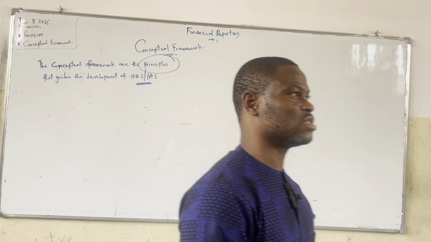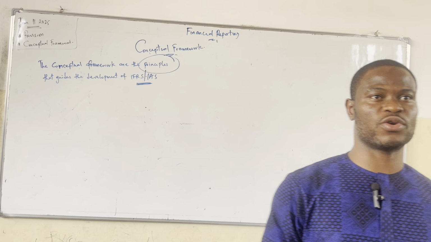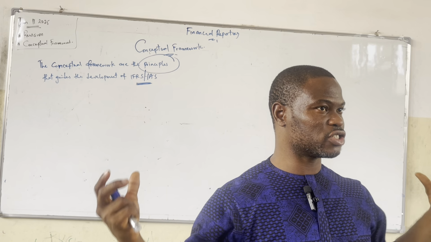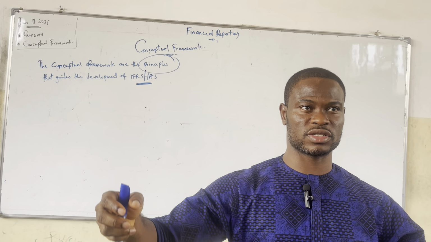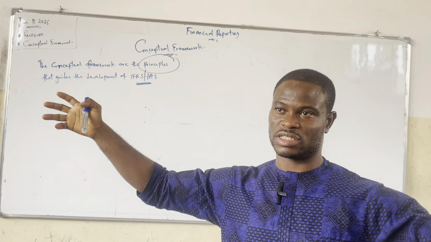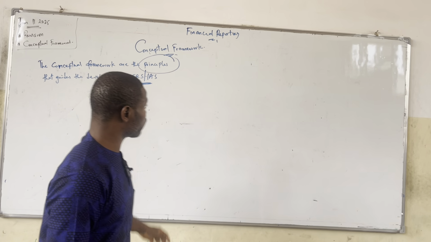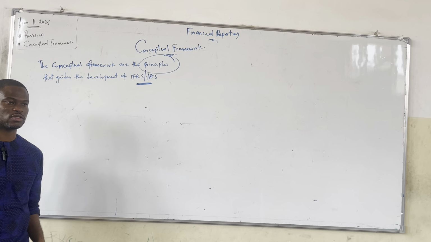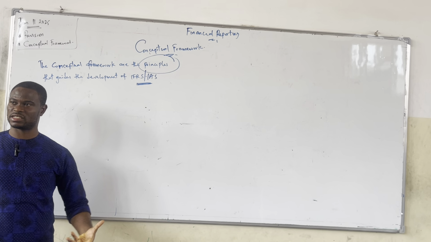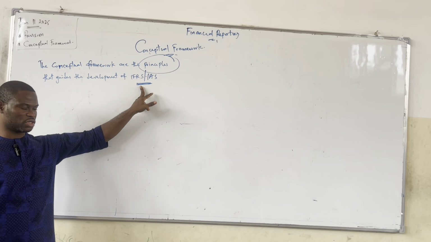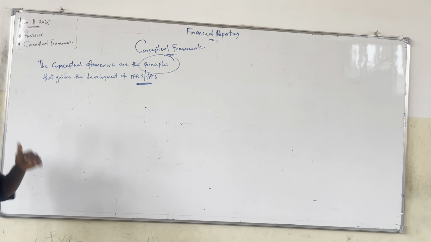It's just like when you want to build a house and you have an architectural drawing. You use it to build a house. If you use it to build 5 houses, they will have similar structure. So conceptual framework is one of the reasons why standards, or IFRS, have similar structure, which you are going to see as we move on in this class.